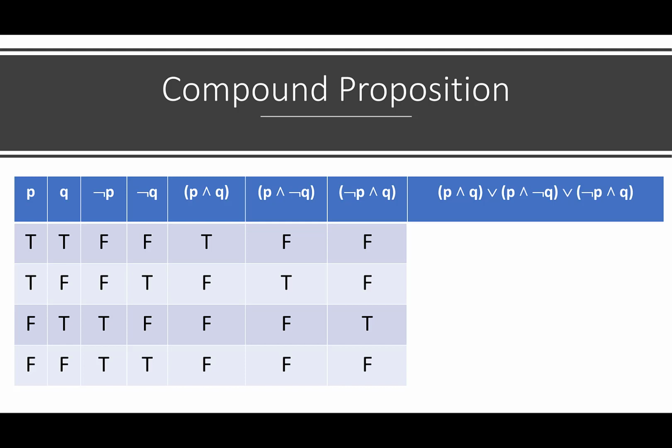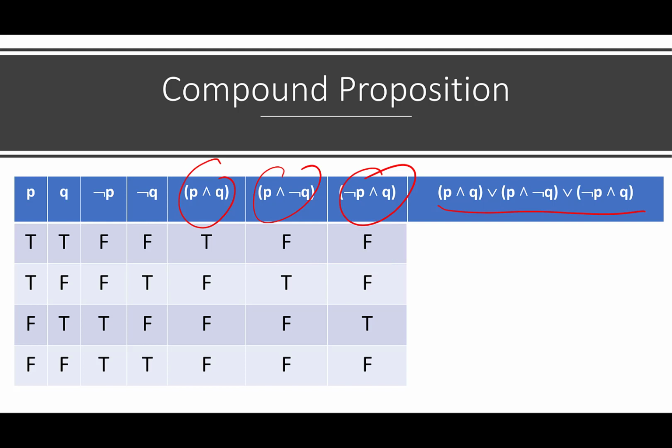Now, rather than doing that thing we did a moment ago where I just said, see if you can come up with this random proposition, if I were to just have given you the assignment to come up with the truth values of that, what would you have done? You would have done exactly what we're doing right now. You would have got P and then not P and not Q and all this stuff, and you would have discovered that on the first row, this compound proposition, which is saying this or this or this, would be true, because look at that, one of them is true, right?